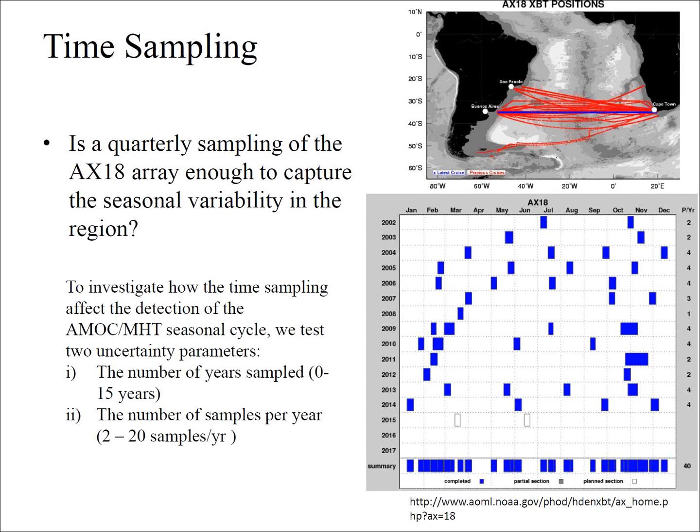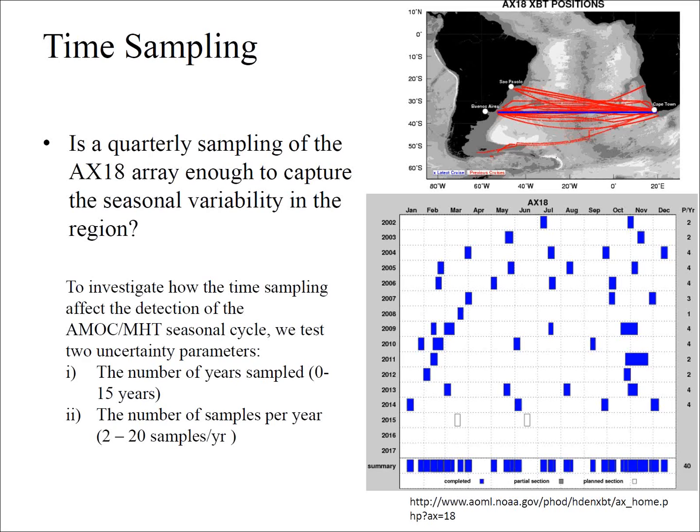So for the time sampling, the question here is how a quarterly sampling would address the seasonal variability of the AMOC and heat transport. Here are all the sections we have. I think this updated this figure, and we see that some of the transects go up north and some down south here.